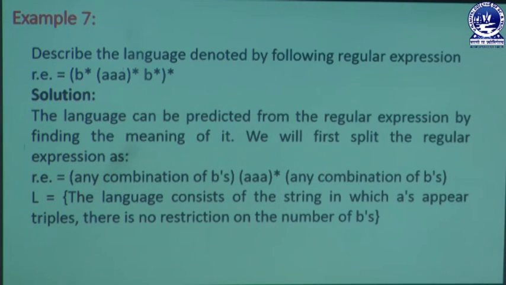If a user wants to design that language, then the language consists of strings in which A's appear in triples, and there is no restriction on the number of B's, only on A's. That means we can have zero A's or triple A's, not beyond that.